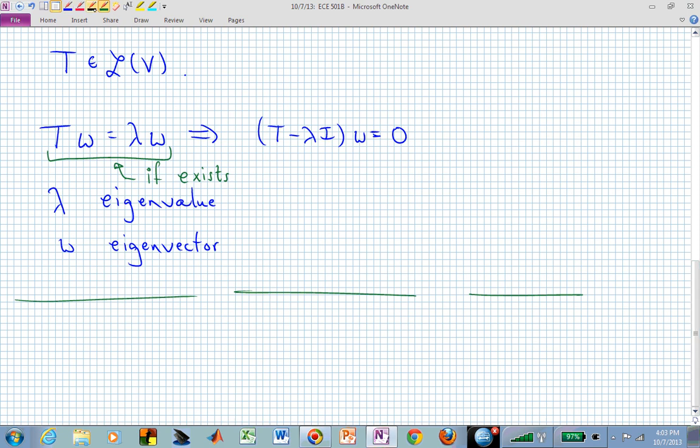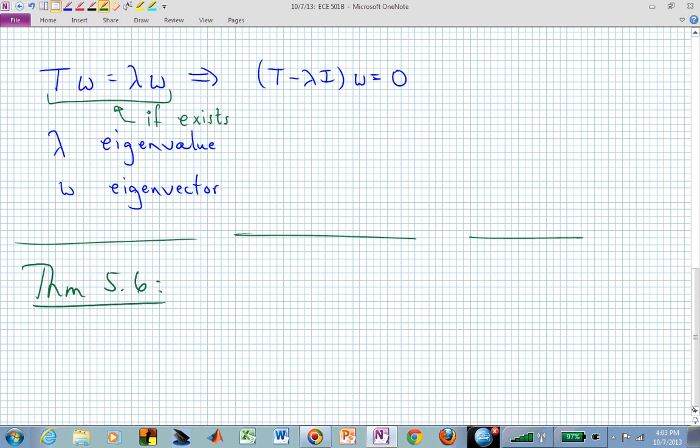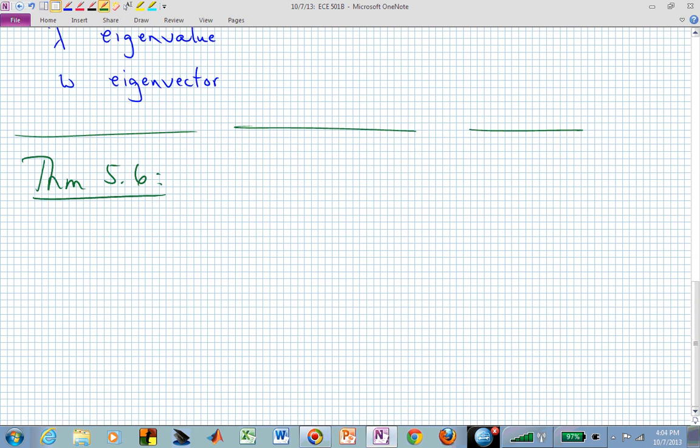Let's just start with a theorem. Theorem 5.6, and that tells us a little bit about the eigenvectors.